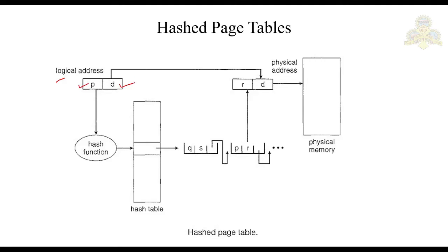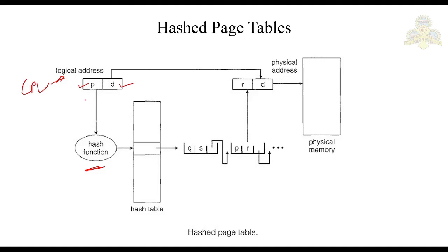Now in the hashed page table, you give this page number as an input to the hash function. This hash function is nothing but basic mathematical functions. It may be multiplication, division, modulo, something like this. So the CPU produces this logical address, which is divided into two parts: the page number and the offset.